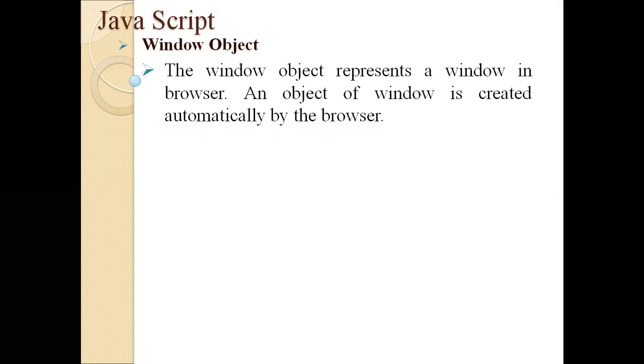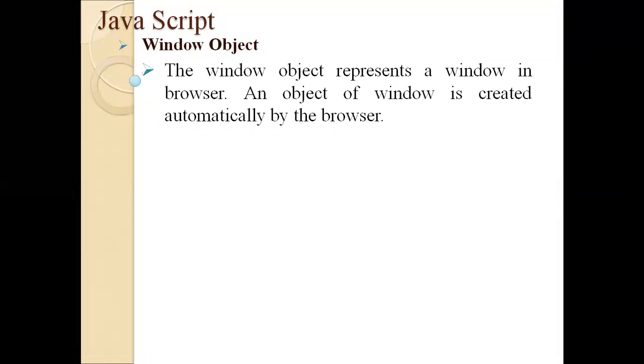On the web browser, if we want to create a window, we can make use of this window predefined object in JavaScript. If you want to have a window over the browser, then we can use this window object. An object of window is created automatically by the browser. There are different things which can be used along with this window object.